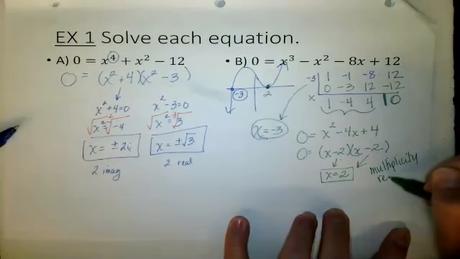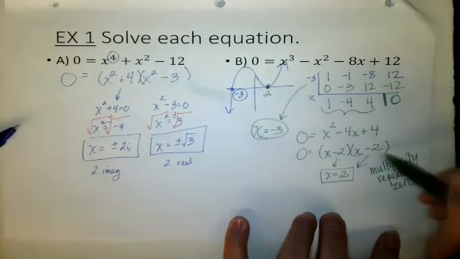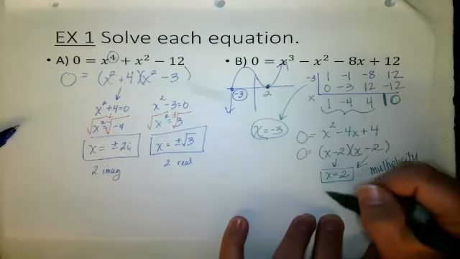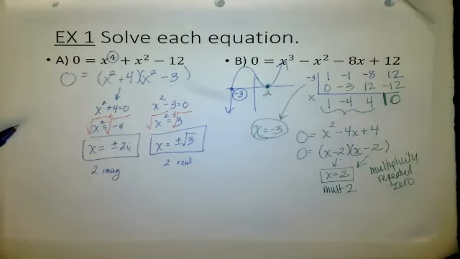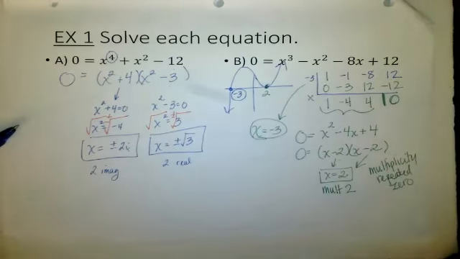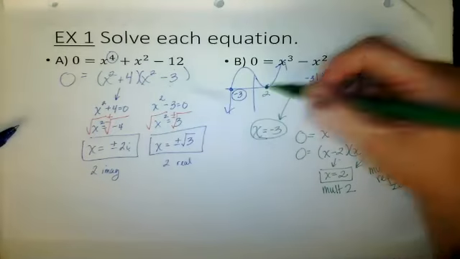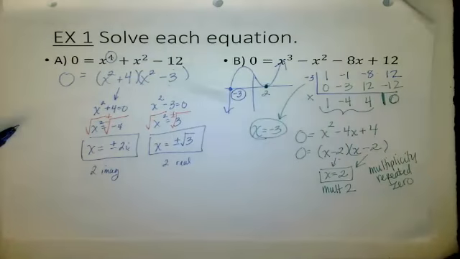Multiplicity is when we have a repeated 0. And this was repeated 2 times. So we would say this is multiplicity 2, meaning it's being repeated. And that's basically just 1 zero there that we can see.